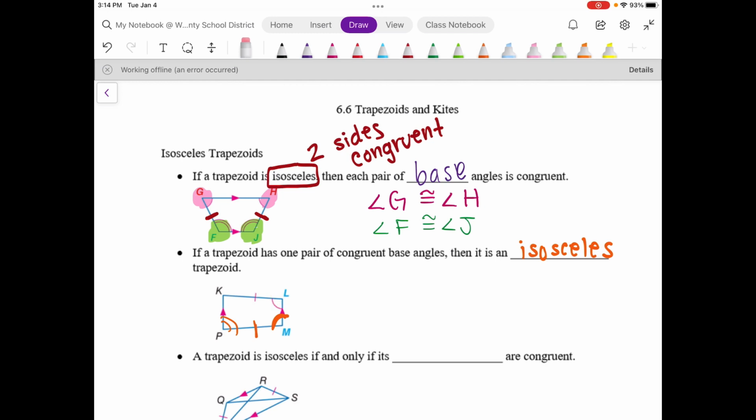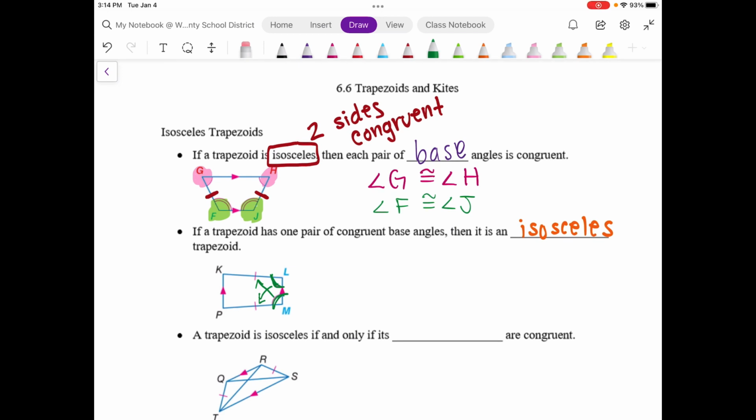Going back to last semester when we talked about triangles, we can also say congruent angles means I can look opposite to them, and those sides are going to be congruent as well. So that's another way to remember it if you want to write down opposite sides correspond to those congruent angles.